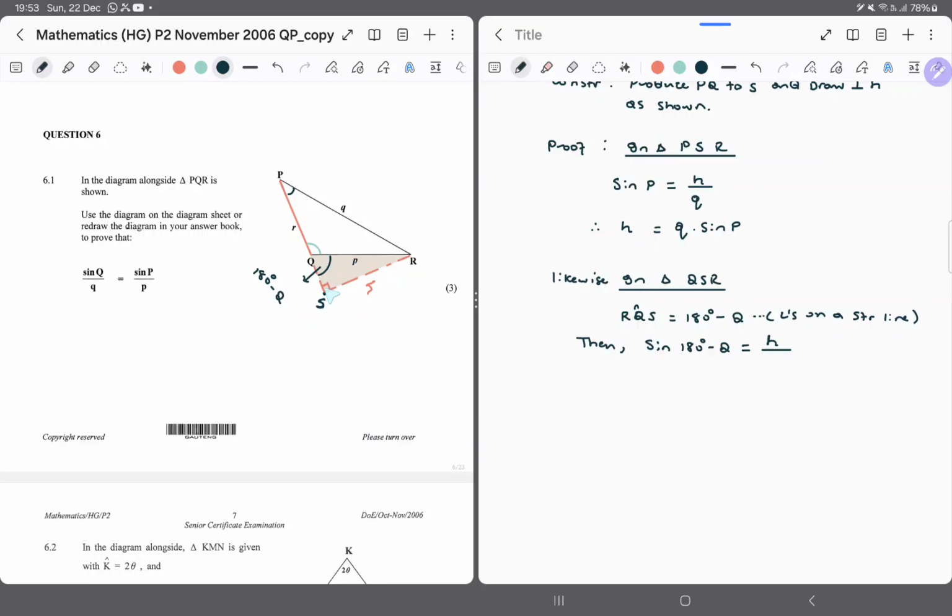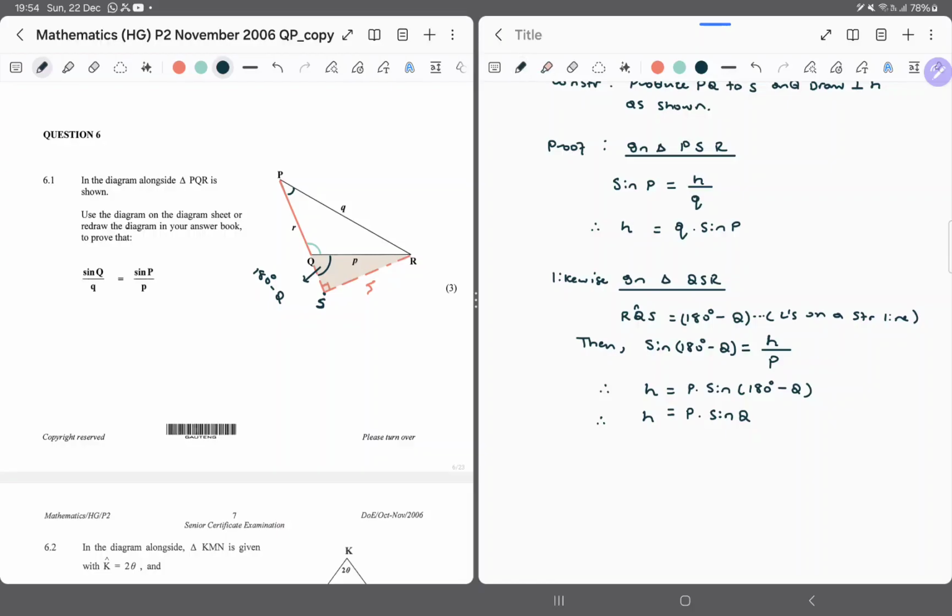Remember, the hypotenuse is the side opposite the right angle, so that's going to be P. So therefore H is going to be equal to P sine 180 degrees minus Q, which is going to be P times sine of 180 minus Q, as good as sine Q, using reduction formulae.